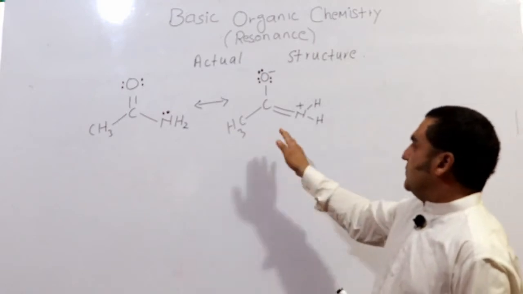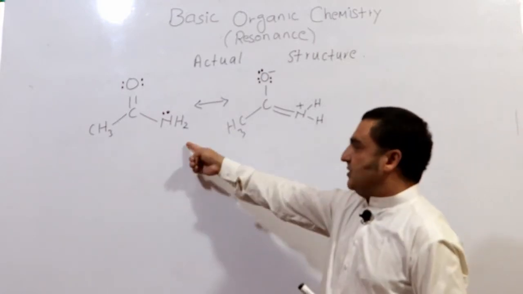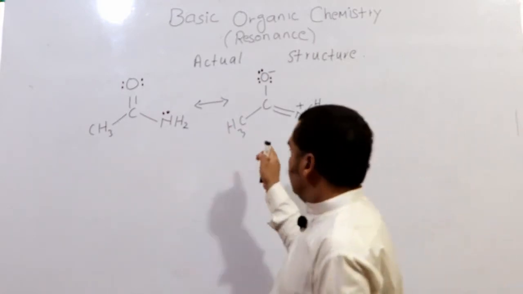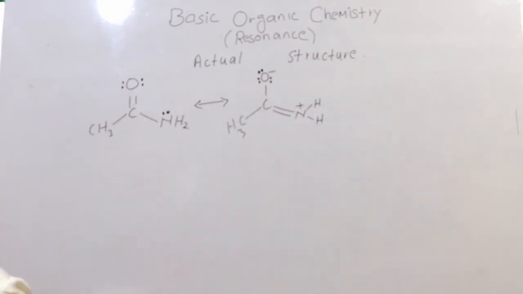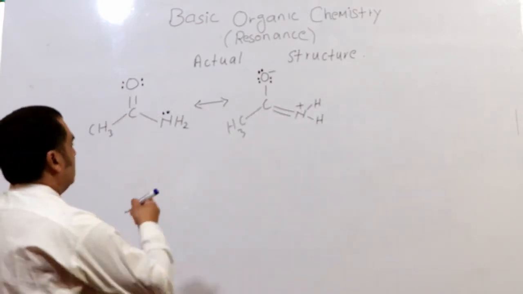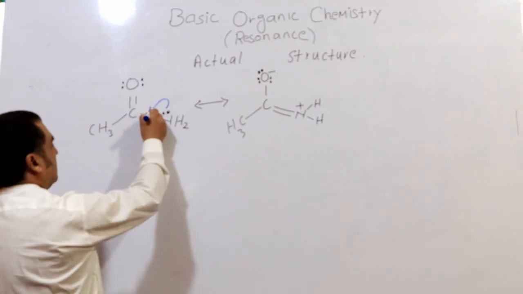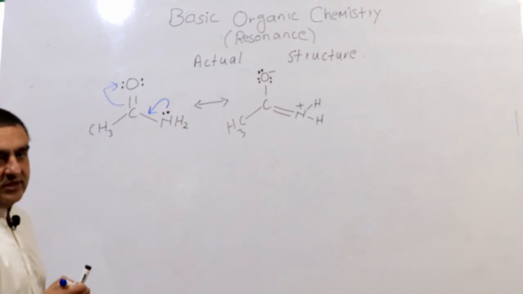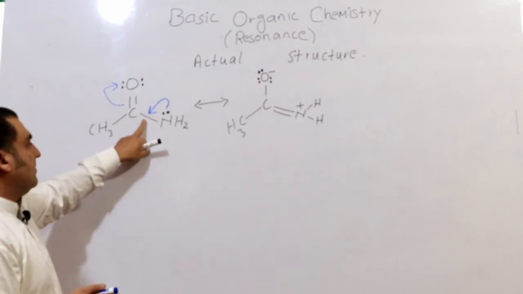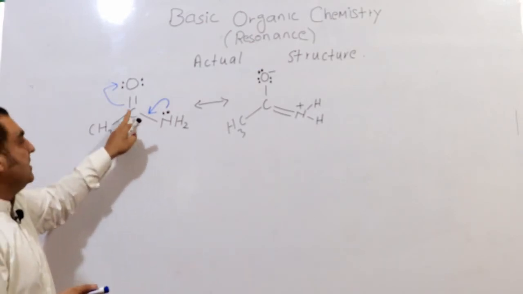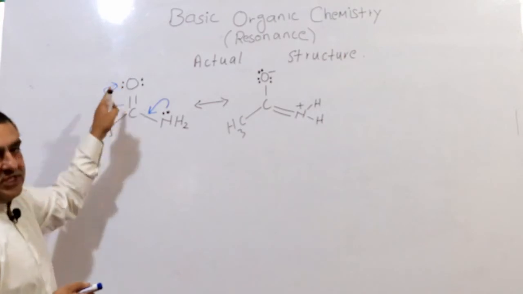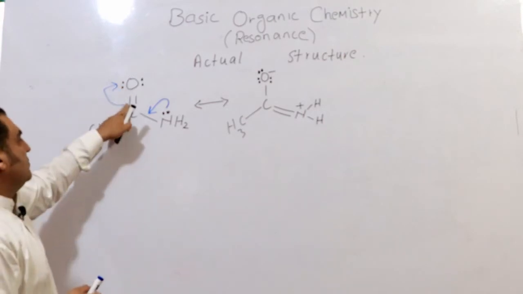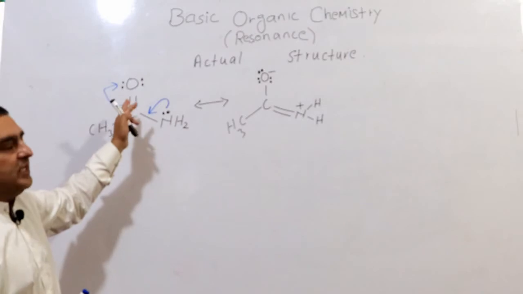So these are two resonance forms for this amide molecule. How would this structure be produced? These are just arrow pushings. Now those two nitrogen non-bonding electrons become bonding electrons, they form a bond, and this one pi bond shifts onto the oxygen, so these two electrons sit on the oxygen.